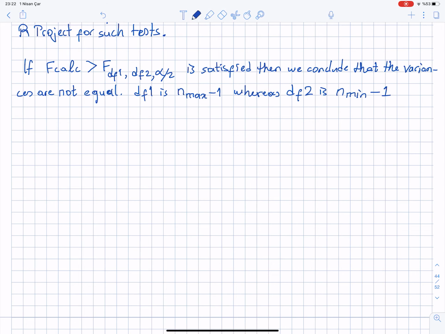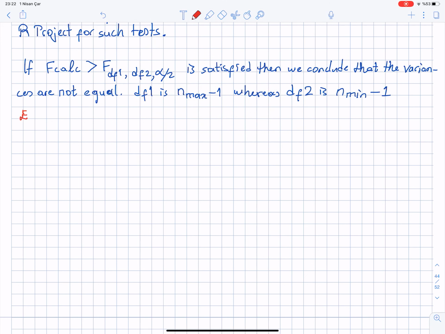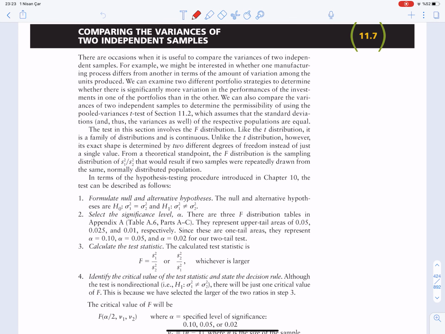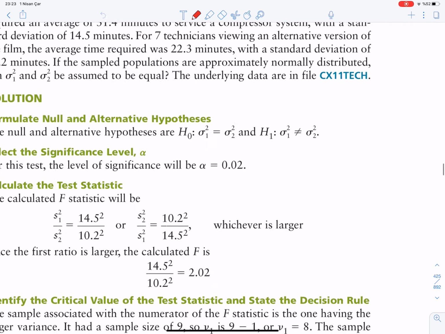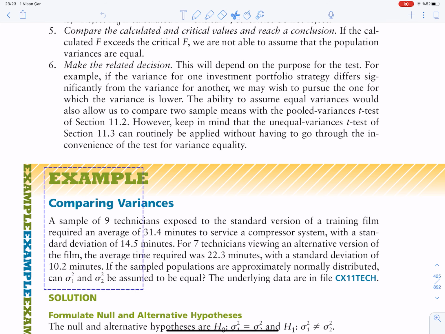Let's have an example. I have a nice example within the book. I'm going to copy the example and prepare it here. There is the example and it has a solution as well, so I'm going to skip the solution and only have the example.